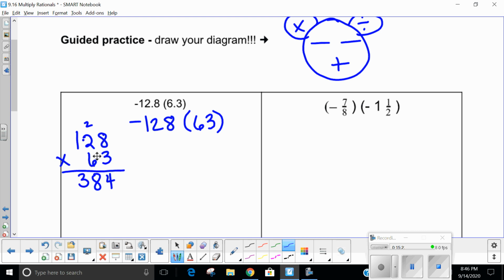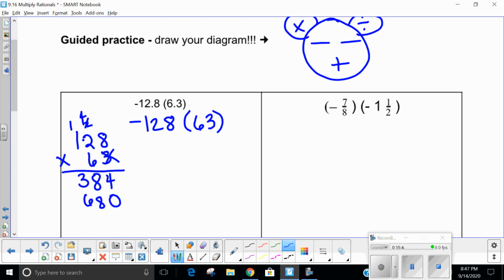Now I'm moving over one place value, and I'm going to be looking at the 6. So that means I have to put a placeholder here because I moved over one place value up here. 6 times 8 is 48, and I'm going to carry the 4. 6 times 2 is 12, plus 4 is 16.